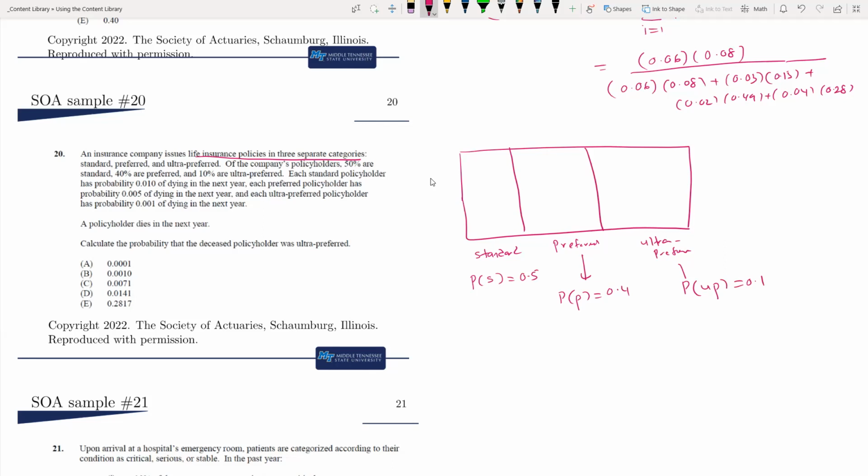Each standard policyholder has a probability of 0.01 of dying in the next year. So if you know that the person is from the standard policy, then the probability of death is 0.01. If it is from preferred, then the probability of death is going to be 0.05.